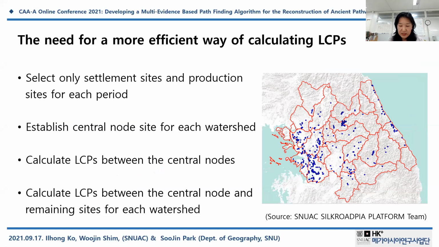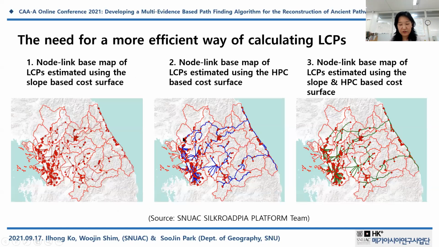We selected the watershed as a meaningful unit of space because we know from previous research that watersheds generally coincide with archaeologically meaningful spatial units. Then we calculated the least cost paths between the central nodes. And then we calculated the least cost paths between the central node and the remaining sites for each watershed. And this is how we created our node link base map of the least cost paths.